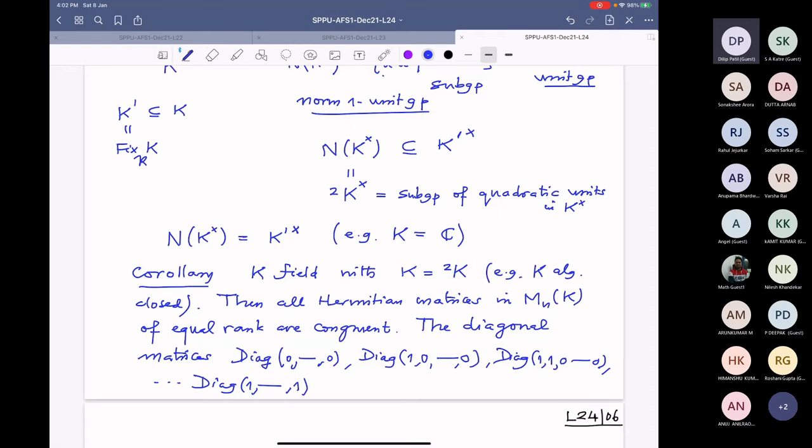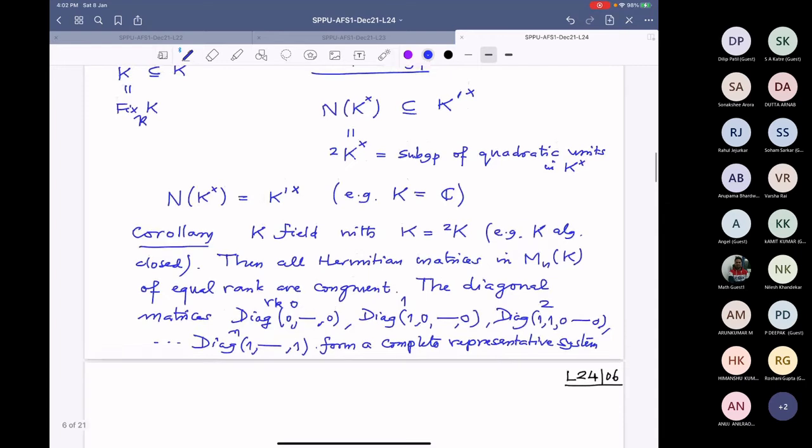So this is rank 0, rank 1, rank 2, rank n. This forms a complete representative system for congruence classes of Hermitian matrices.